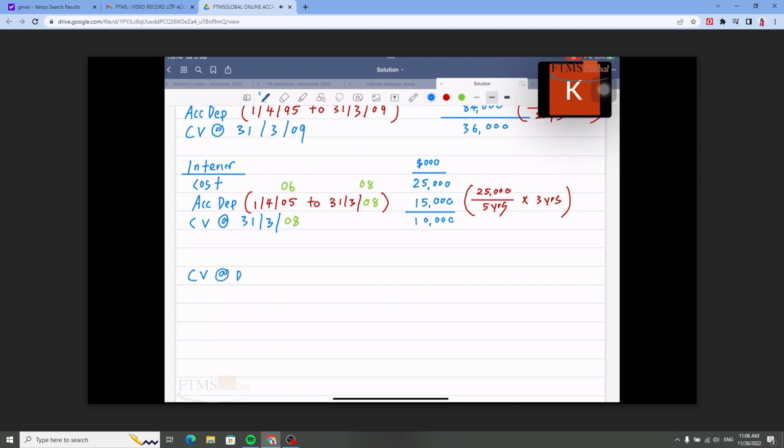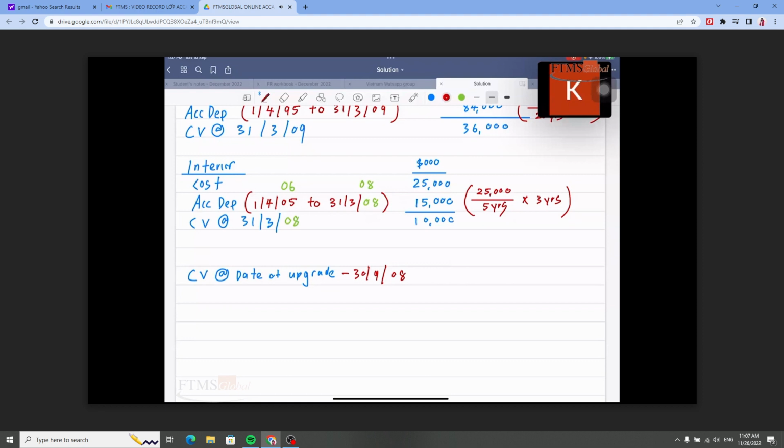Ultimately, this is what I want, correct? First October 08 also means 30th September 08. Okay, I want this figure.